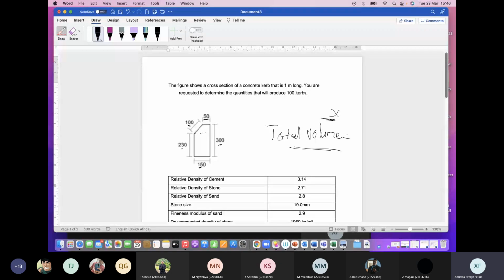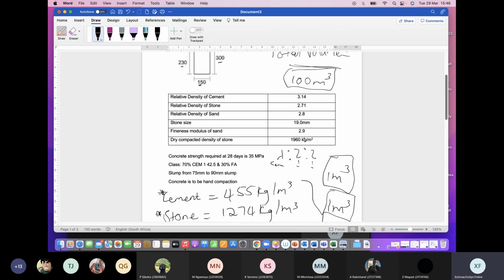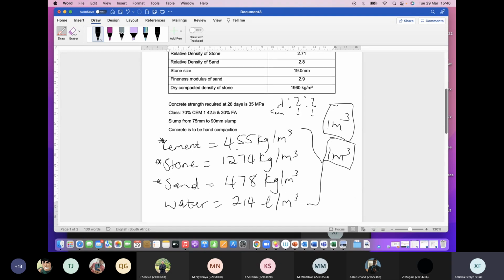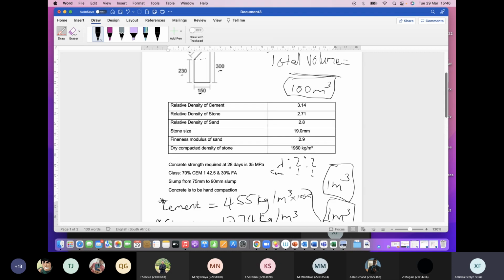So once you're done with that, let's say, for argument's sake, it gives you 100 meters cubed of concrete. This is the volume. What you then need to do is find out the quantities in kilograms.